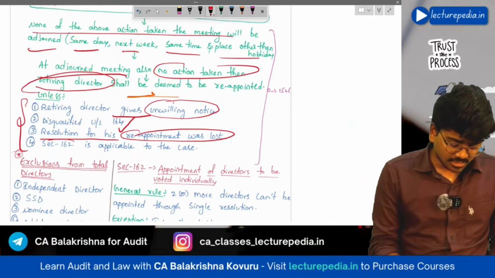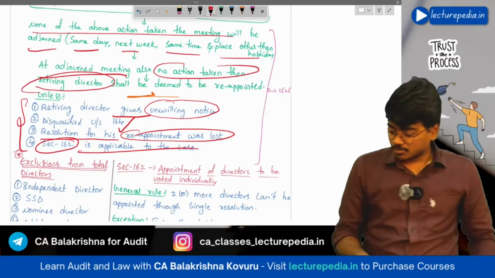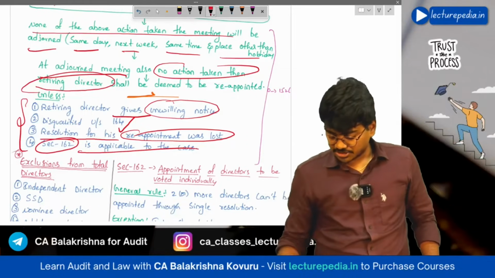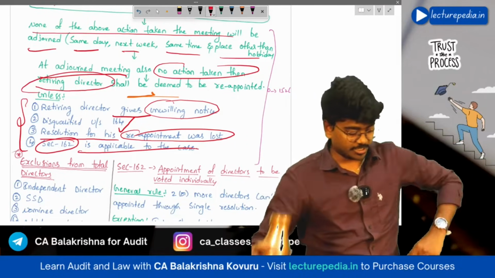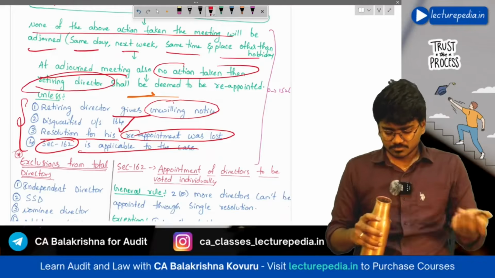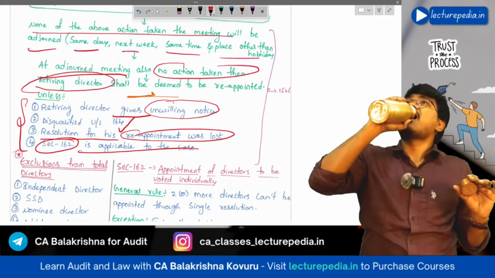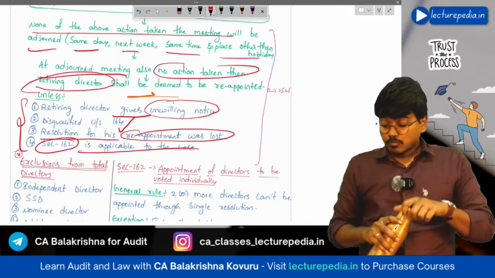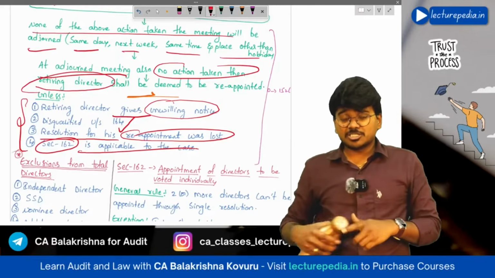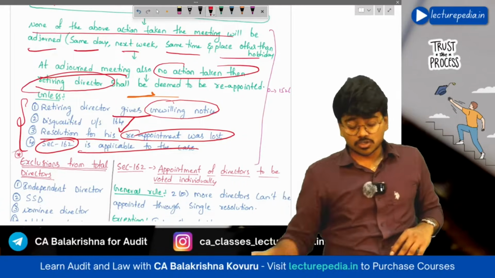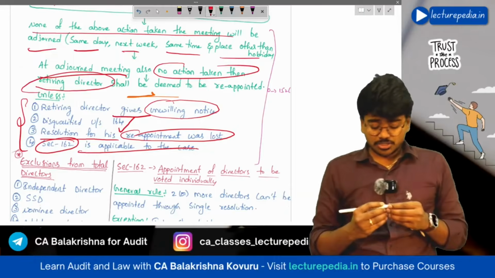And next, finally, section 162 is applicable to the case. What is this section 162? Let me explain. The next section that we are going to discuss is section 162 only. If section 162 applies, then also the deemed reappointment concept is not applicable.